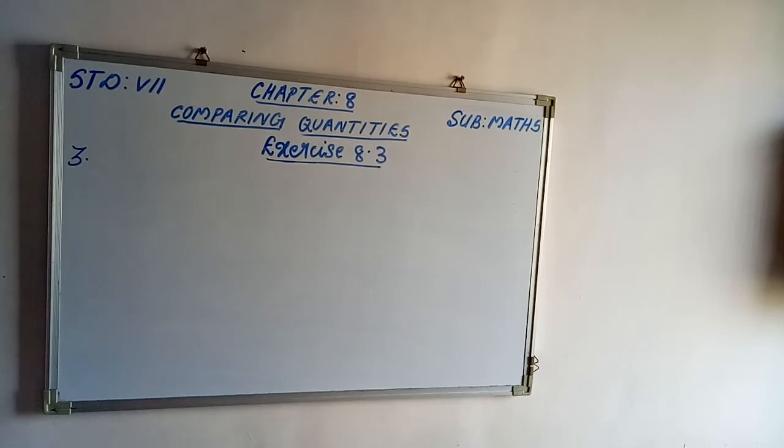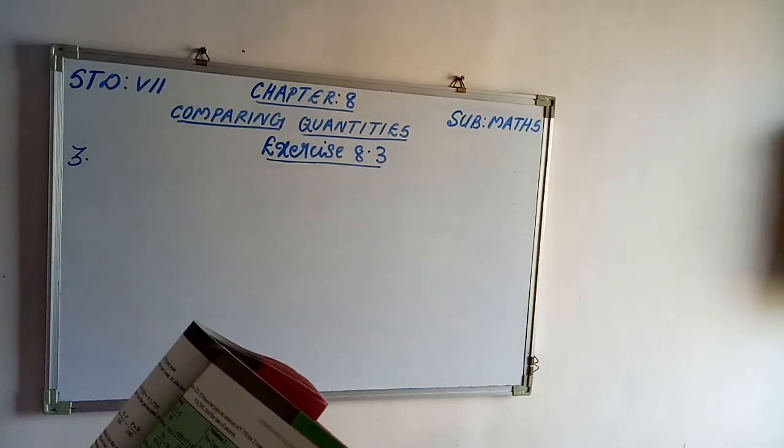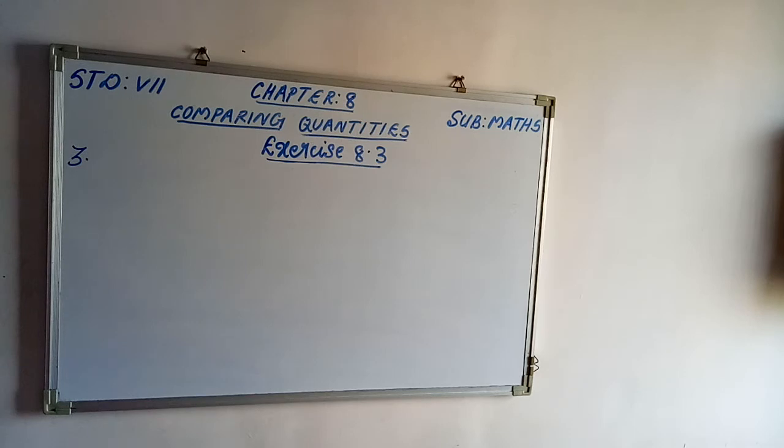The population of a city decreased from 25,000 to 24,500. Find the percentage decrease. So the original population was 25,000 and from that there was a decrease to 24,500 and you have to find out the percentage decrease.